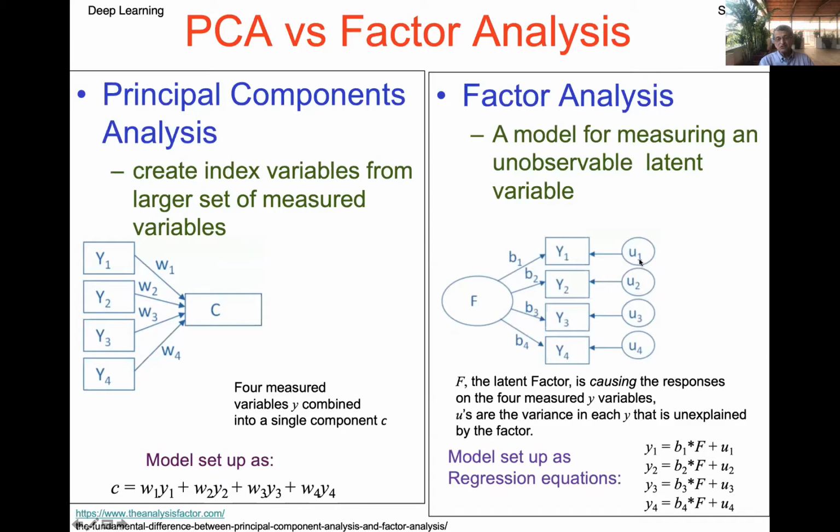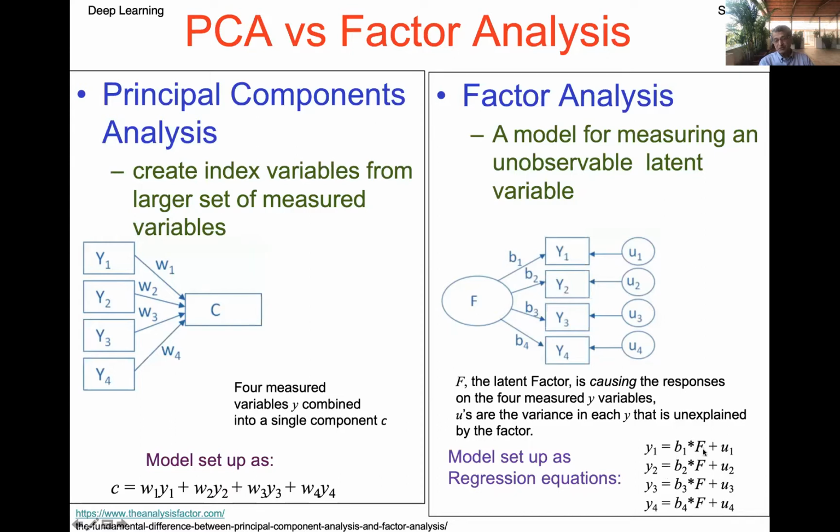There is also some variance contributed. It's not strictly that value, but there is some statistical variability. So we say that the model is set up as regression equations for y1, y2, y3, y4. So it's a regression of the observed values.